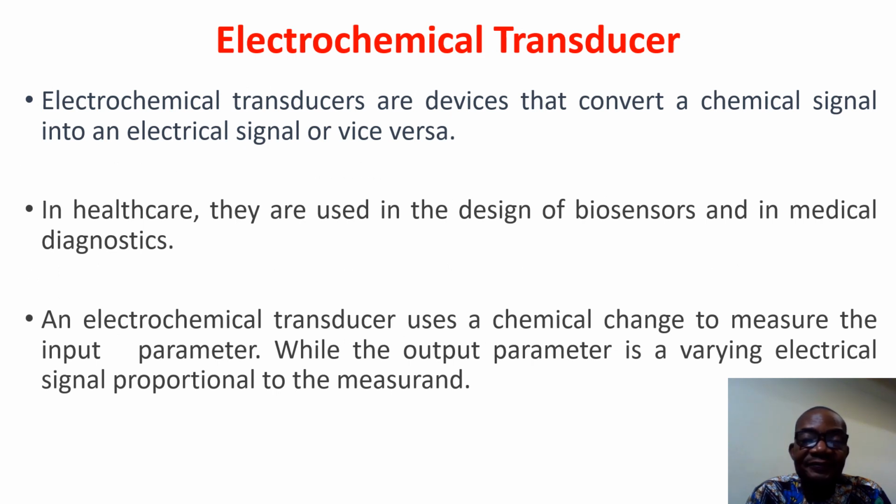Electrochemical transducer. Electrochemical transducers are devices that convert a chemical signal into an electrical signal or vice versa. So basically what it does is that it makes use of an electrolytic solution to convert a chemical signal into an electrical signal.